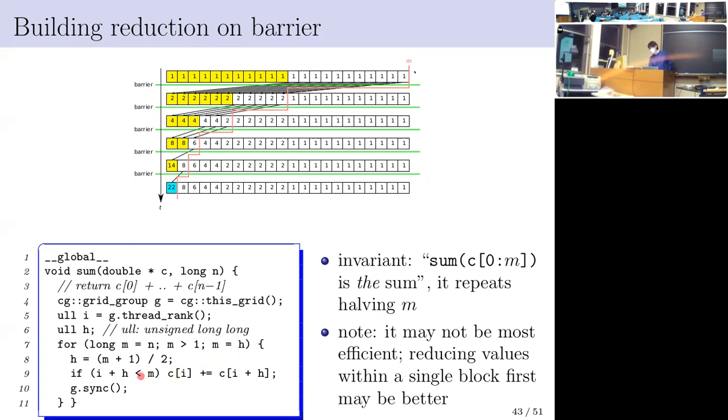And each time, i plus h refers to, for example, from this guy's perspective, i plus h is here, and it is still within the bound of the array. It gets this element and accumulates it into its own element. So everybody keeps doing it until you get the final single element. So this is how you can build reduction on top of barrier.